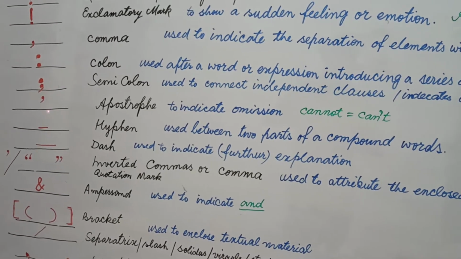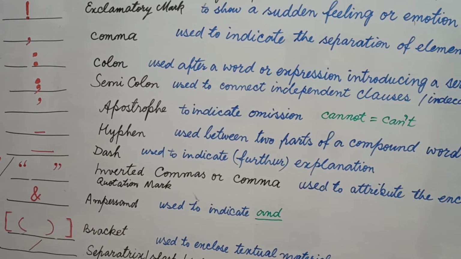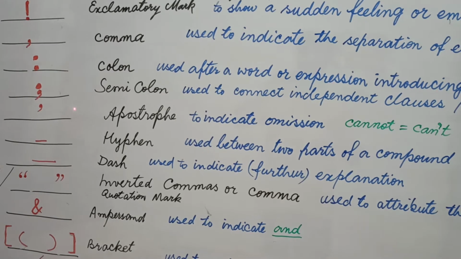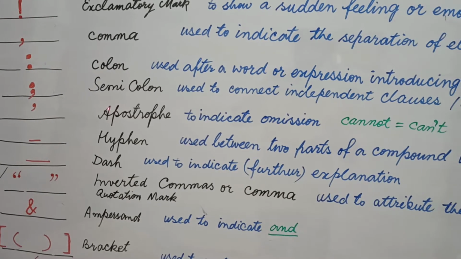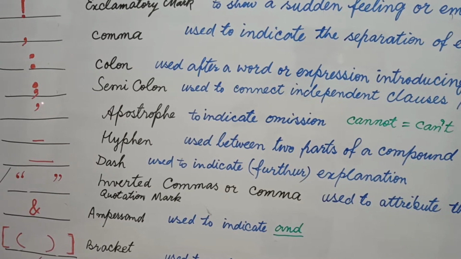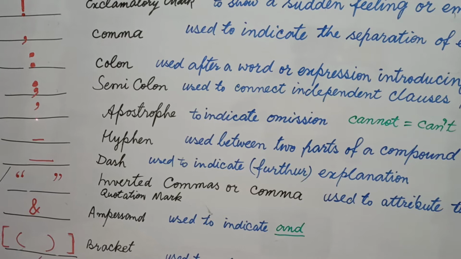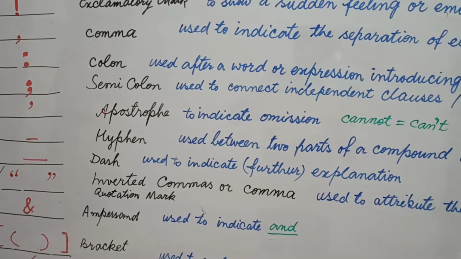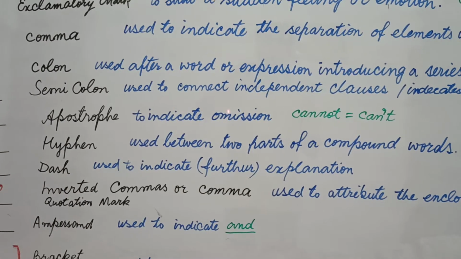Now students, what is this sign? This is an apostrophe. Apostrophe is a sign that is used at the height of a capital letter. This looks like a comma, but a comma is used on the line at the place of a full stop and you take a curve, but an apostrophe is used at the height of a capital letter and it is used to indicate omission.